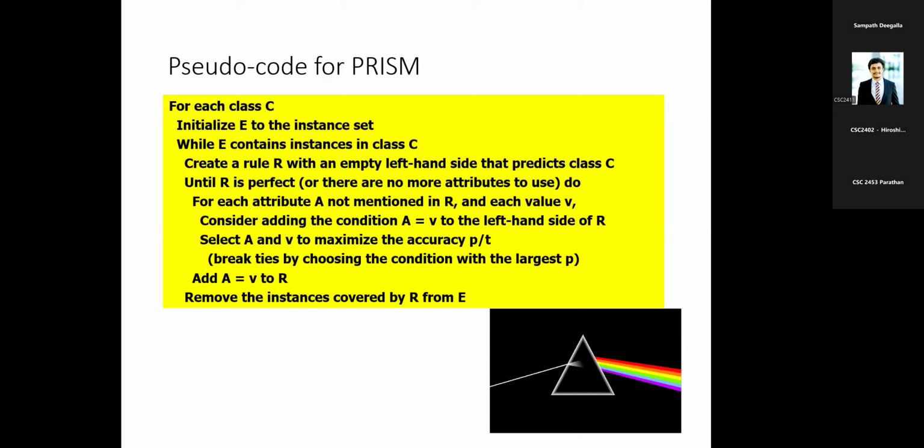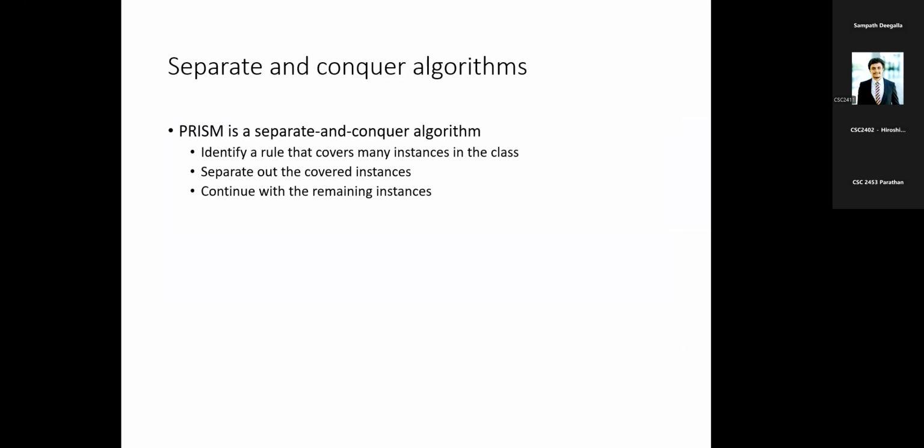Right. So that's about a simple rule learning technique. And then there are various different issues that you have to follow up. There could be overlapping rules, and sometimes there is a need for a default rule and so on. Right. So just to conclude what we have discussed, it is called the separate and conquer algorithm, which means you are trying to identify a rule which covers many instances in the class, right?